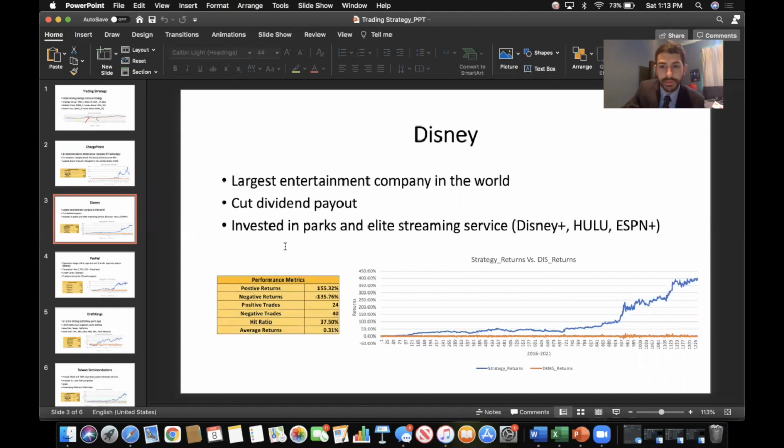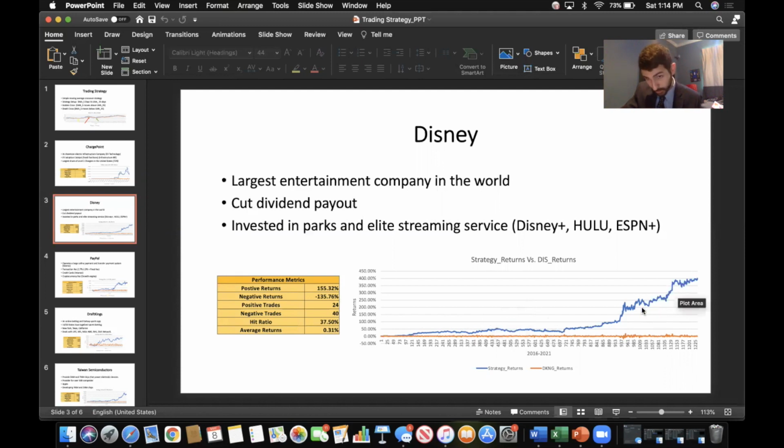Now, if we look at Disney, it's basically the same way, but the strategy really wasn't that great, because for the majority of the time that I backtested this strategy, Disney was a dividend paying stock. My preference is not to use this type of strategy for a dividend paying stock because it's not profitable.